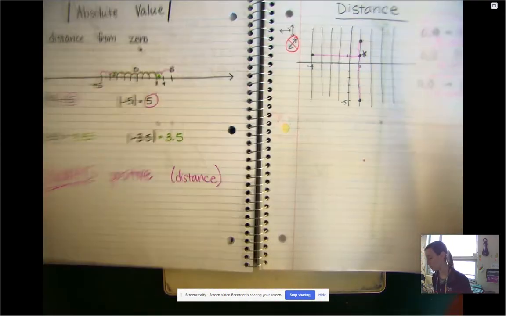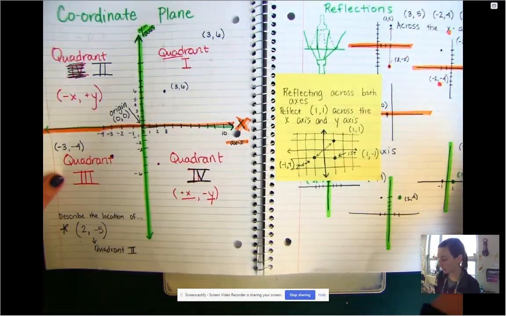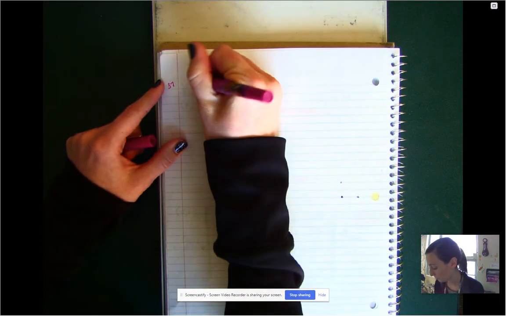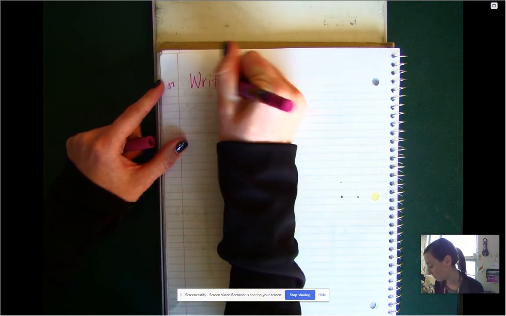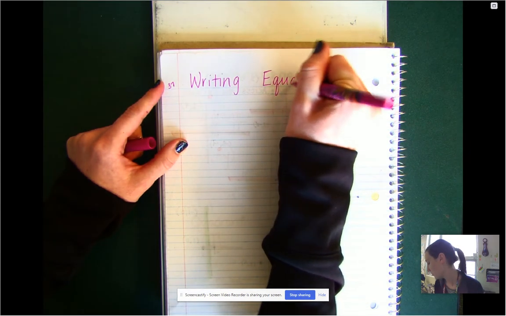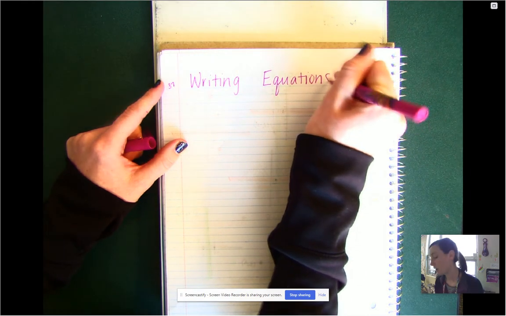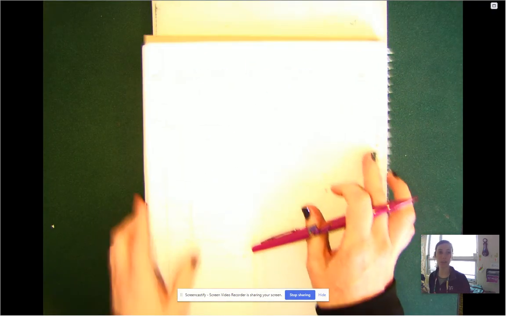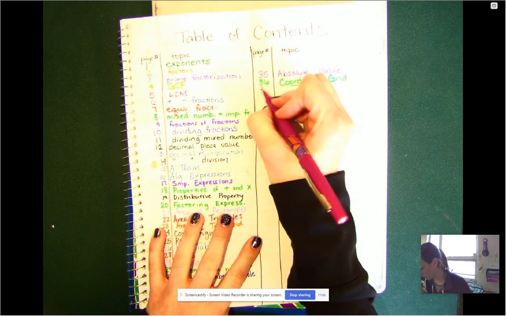So now we can begin on page 37. Equations are very useful, primarily in solving real-world problems. So this will be one of those things that you do use in your real life.